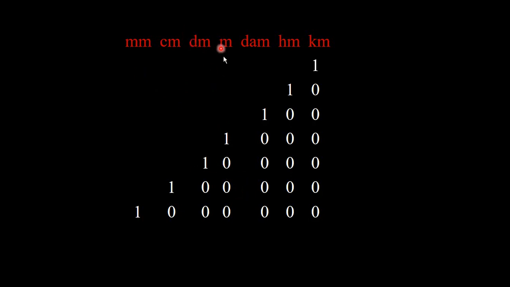And I can also say that 1 meter is equivalent to 1,000 millimeters. And 1 decimeter is equivalent to 100 millimeters. 1 decimeter is equivalent to 10 centimeters. I think that is good for you.